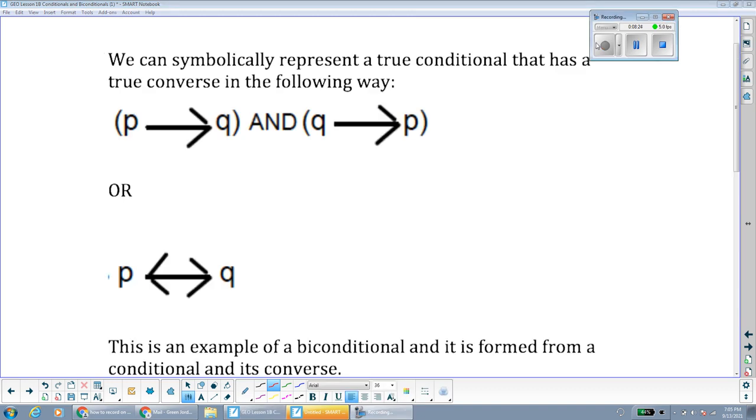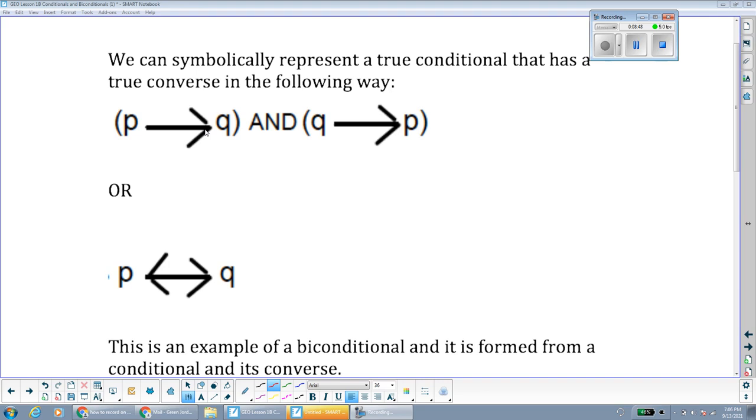Sometimes, in certain specific situations, you can have a conditional statement that actually has a true converse. When this happens, we can symbolically represent a true conditional and its true converse in the following way. If P then Q, that would be the original conditional being true.